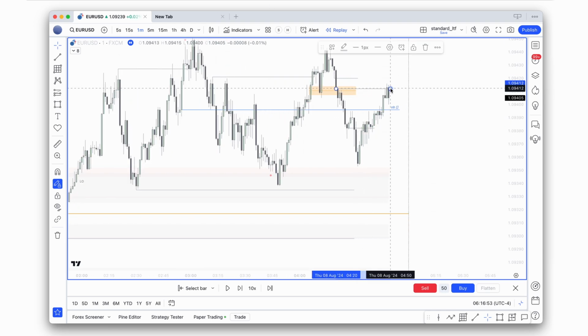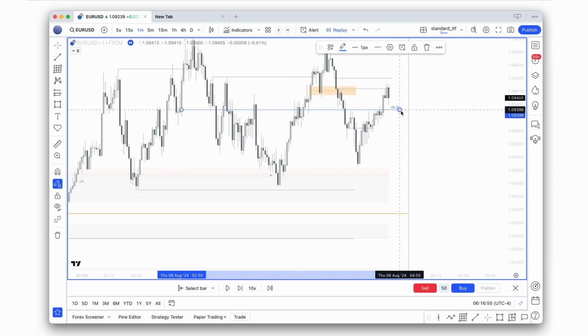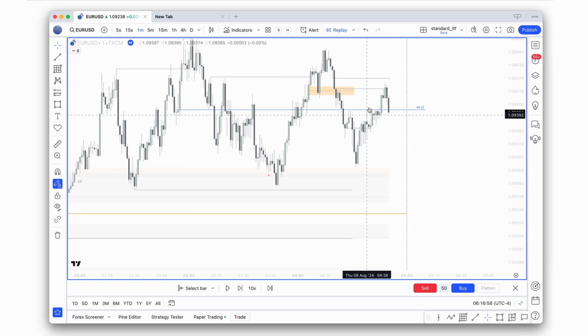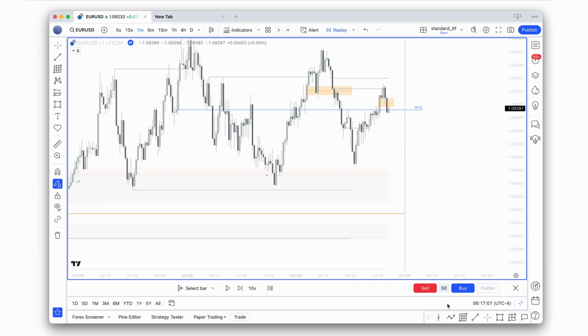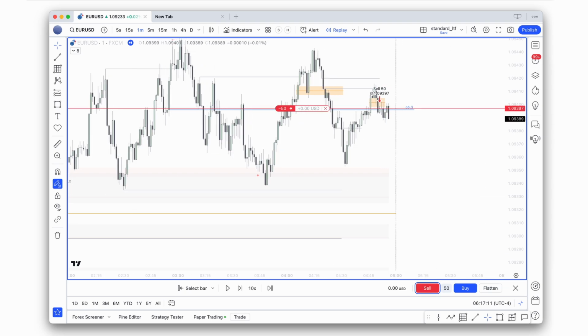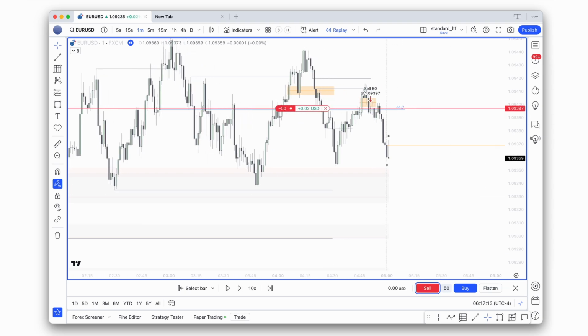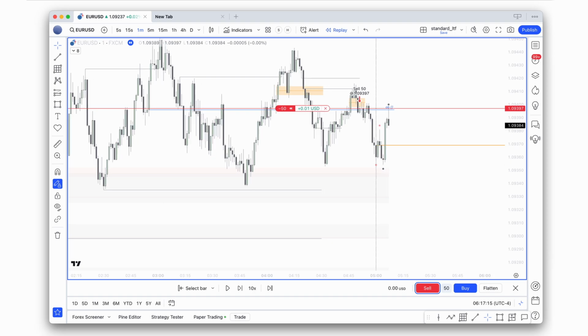Oh, we actually did trade back into that SIBI I mentioned. Trades higher once more, and once again trades into that order block I mentioned at the beginning. It was that 5-minute order block right there.